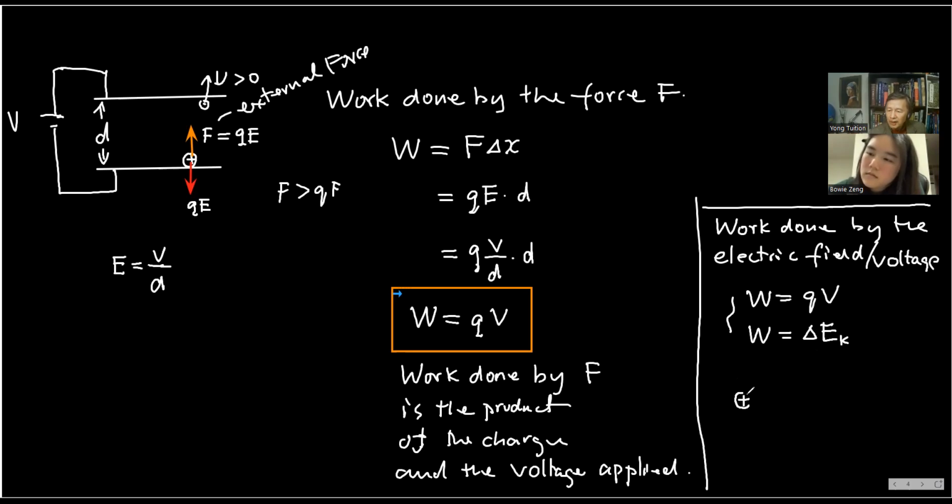For example, if the charge is moving and enters a uniform field, now I'm talking about an accelerator. If there's a hole in a plate, the charge moves from one side to the other.